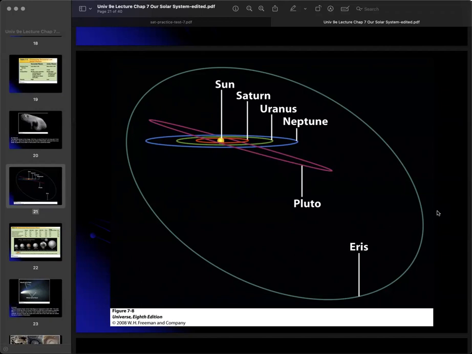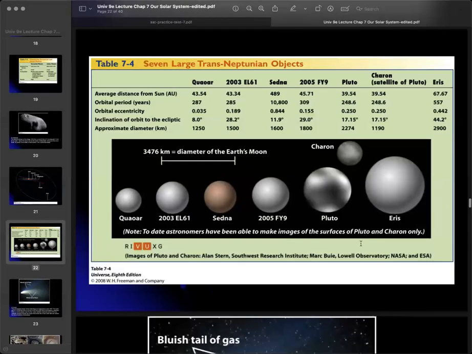And so a new category had to be made, and Pluto fit more neatly into that category of dwarf planets. Here is a listing of some of the main dwarf planets. For example, Eris was found after Pluto, and Eris is actually bigger than Pluto, and yet it's called a dwarf planet.